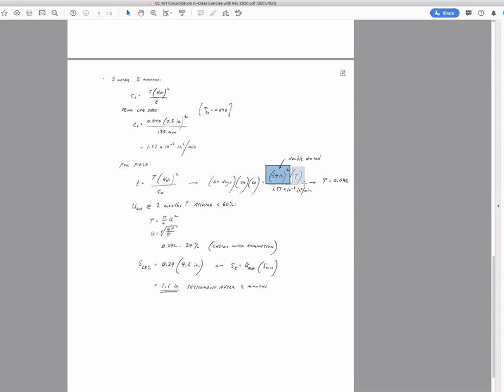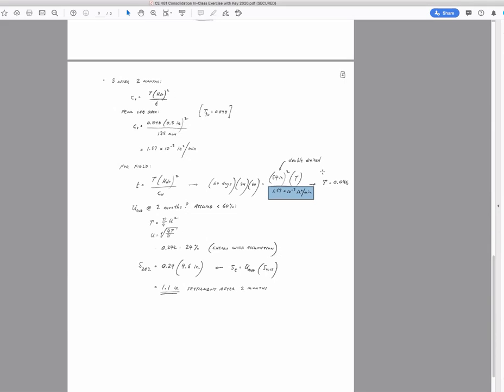And we have a t. This time this is unknown. We don't know what t is. And c sub v is here. With this, we rearrange and we solve for t being 0.046. Question mark here is how much average degree of consolidation is completed at 2 months.